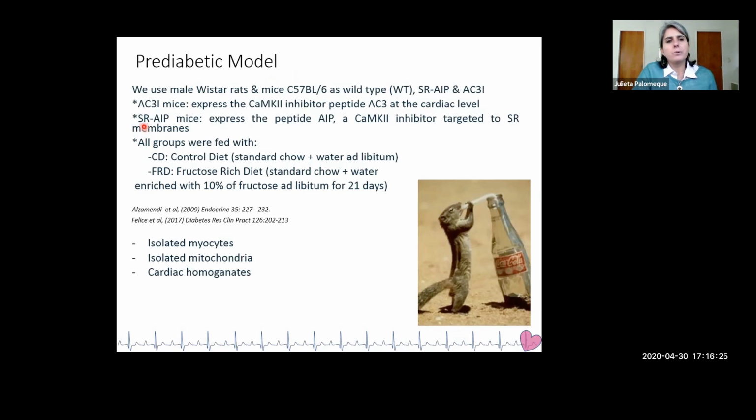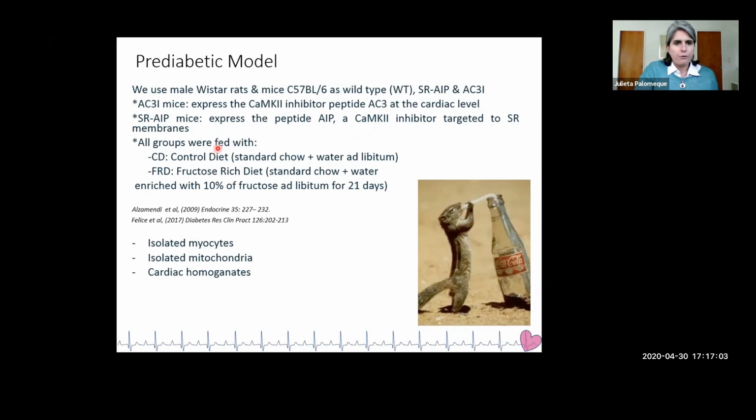We also use SR-AIP mice, which express the peptide AIP, a CaMKII inhibitor targeted to the SR membranes. This peptide has a tail that's anchored in the SR membranes, and then CaMKII, the calcium-calmodulin dependent kinase, cannot phosphorylate its target in the sarcoplasmic reticulum.